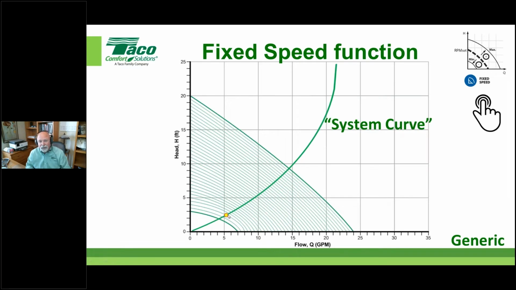So I think you get the point of what happens in a fixed speed mode when you have a circulator running in a system that doesn't have varying flows, no zone valves and that sort of thing. And I'll make that point a little clearer as we get into some of the piping schemes.